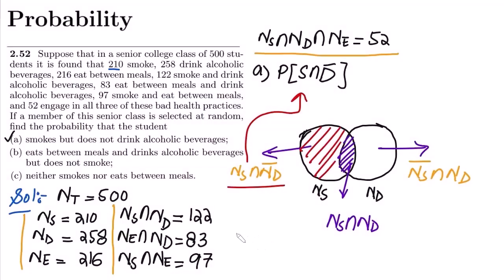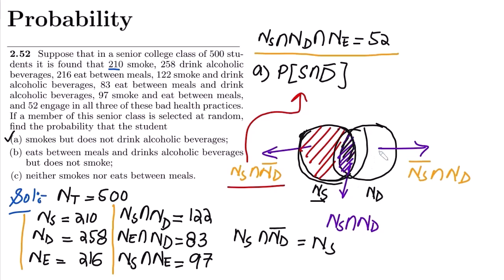Okay, so in order to calculate it, I have to find out N of S and D complement, the number of people who smoke but don't drink. We can see here that all of this area is N of S, which is represented by this N of S. And from it I have to subtract this area.